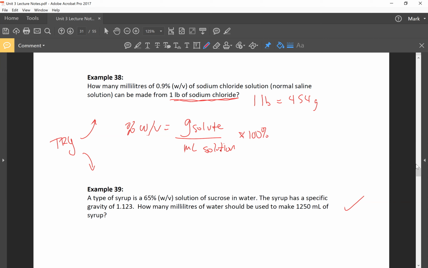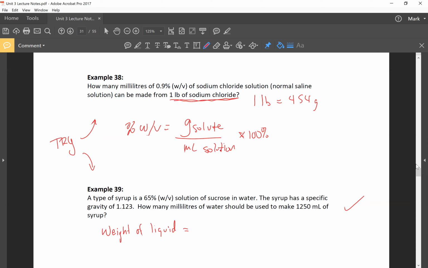The other formula you might need for number 39 is the syrup. You might need one of your specific gravity calculations. So the weight of your liquid, I don't know if you're going to need this.